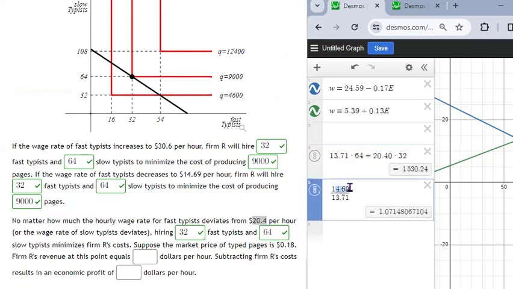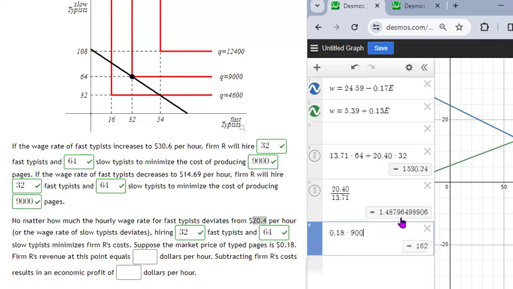And the slope is back to 1.49, almost 1.5, right? So if the market price of type pages is 18 cents, firm R's revenue is what? Well, we got 18 cents per page, and we're producing 9,000 pages, right? Our revenue is $16.20.